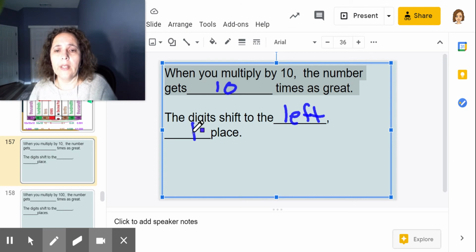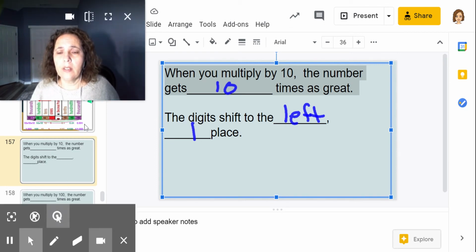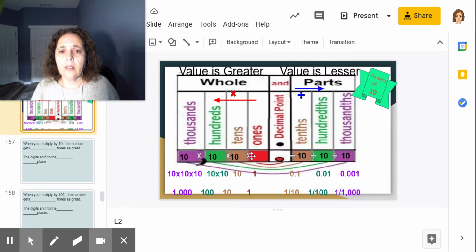That's right, 1 time. And if we look at our place value chart again, when I'm going from the tens to the hundreds, I'm multiplying it by 10. So it's 2 tens. So it's increasing 10 times.